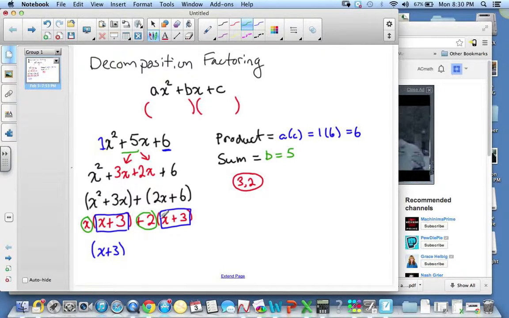I've unfished an x plus 3, if some of you like that language, and what I'm left with at the end of it is an x plus 2. Hey, bingo! Something times something. It looks a lot like this. Something times something. This is considered factored. And I'm done.